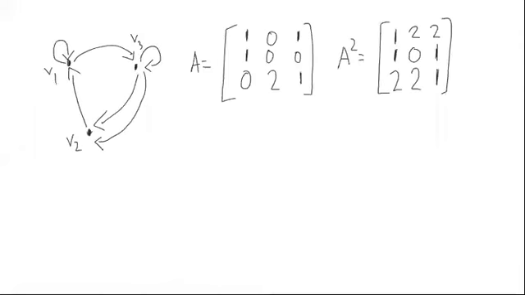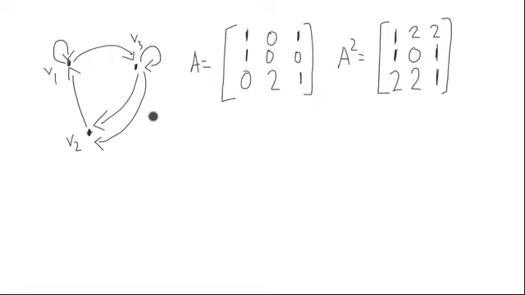Let's take a look at how we can visually see what an adjacency matrix and a power of it look like just from the digraph. Okay, first, the adjacency matrix. Look at the first column. This data represents paths into vertex 1.